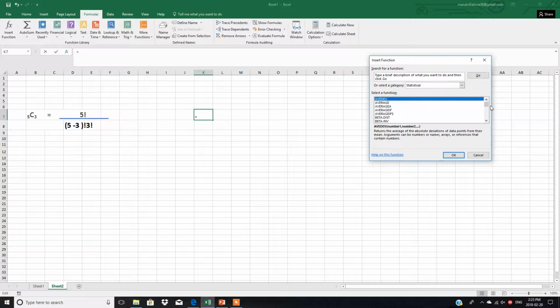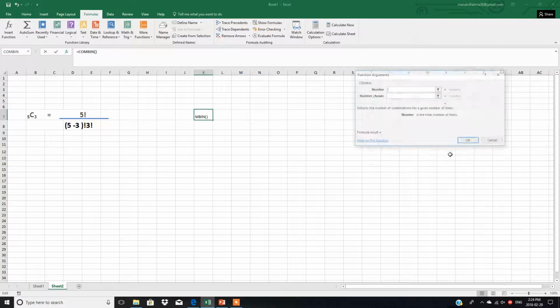Then these are all the formulas related to statistics. If it is difficult to find combination, here you can type a brief description, whatever you want. Just write COMBIN, this is for combination, and click Go, it will come on the top of the list.